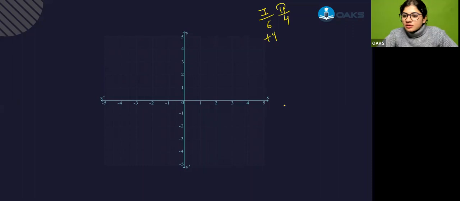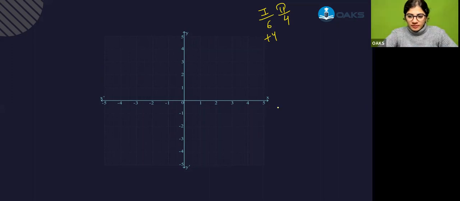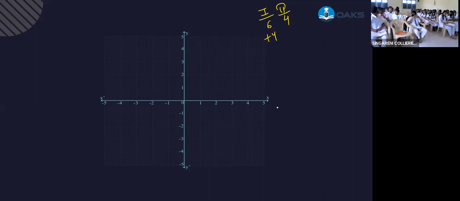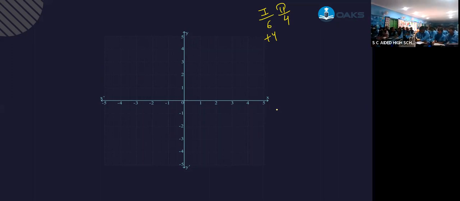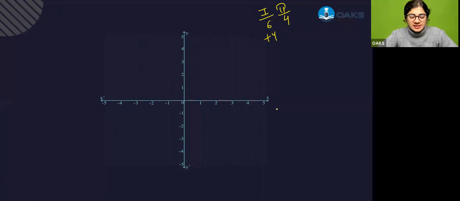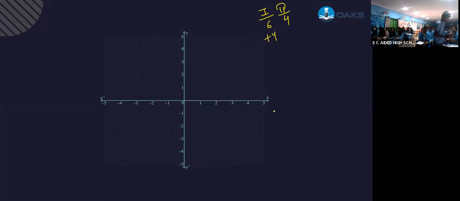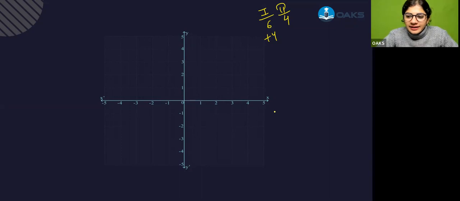So from school 2, I'll be calling boy number 4,3. Kindly come forward. Okay, I'll be writing 2 or 3 points.